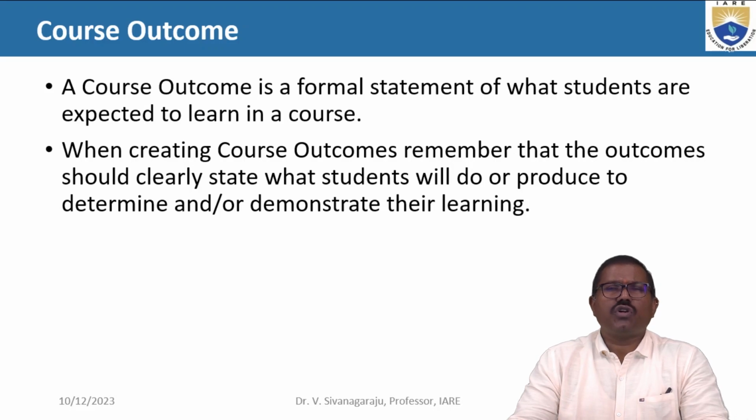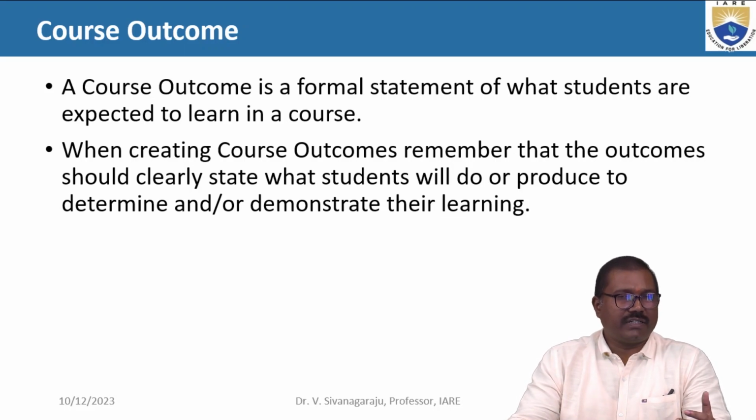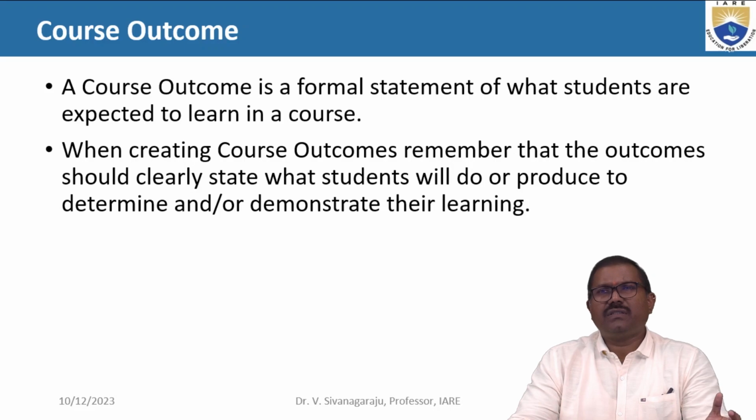And another one is a course outcome. A course outcome is a formal statement of what students are expected to learn in a course. When a student joins a program, that program contains different courses. After the completion of the course, what will the student learn?